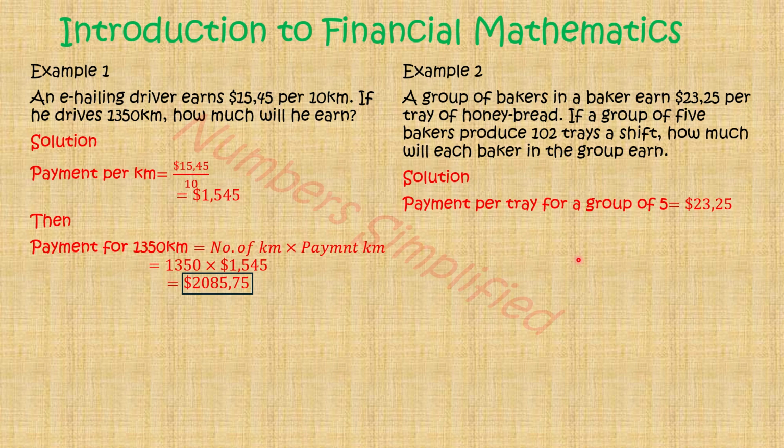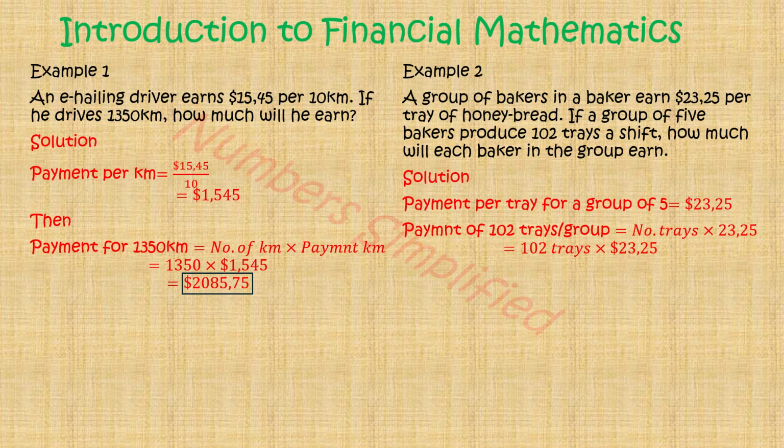$23.25. Then the payment for 102 trays per group of bakers is going to be the number of trays times the $23.25, which was the payment per tray. With that, then, we substitute for the number of trays, which is 102, multiplying by the payment per tray.